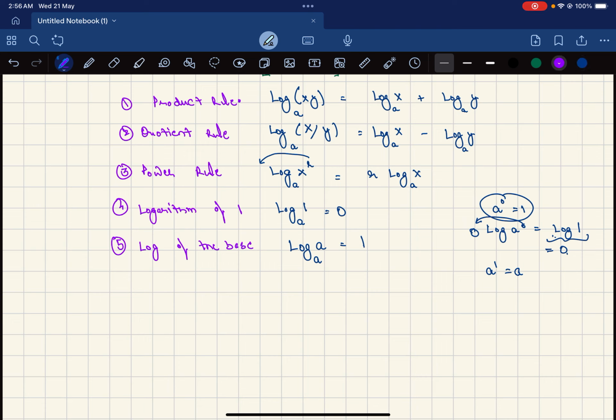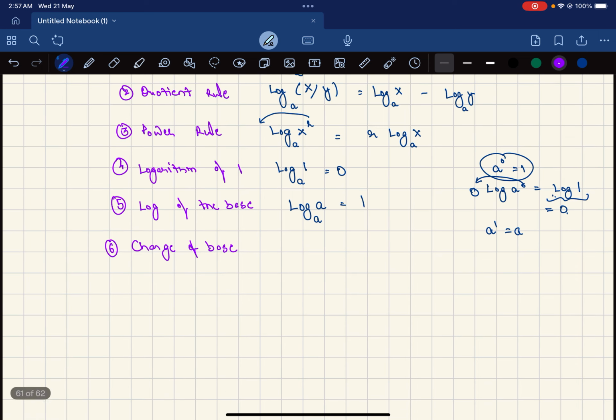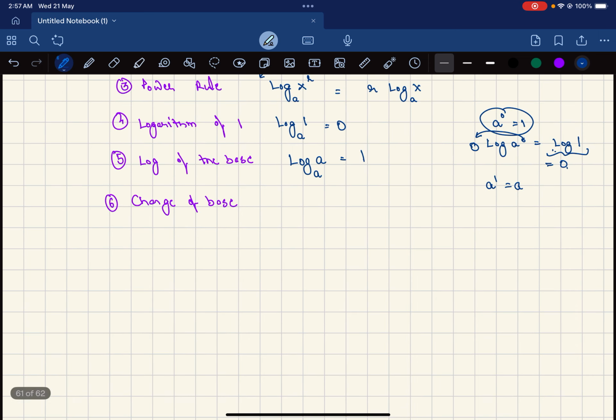Now next is the change of base property. Again, this also we have seen before actually. So what happens is, let us say we have log x to the base a. Now let us say we want to bring it to a different base, base b.